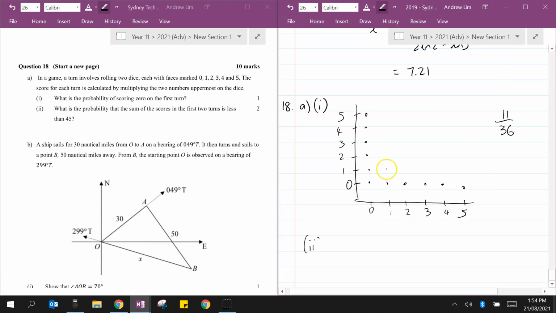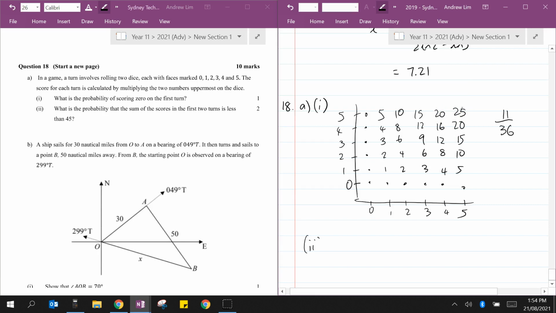So that's going to be 1, 2, 3, 4, and 5. 2, 3, 4, and 5. 4, 6, 8, and 10. 3, 6, 9, 12, 15. 12, 15. 16, and 20, and 25.